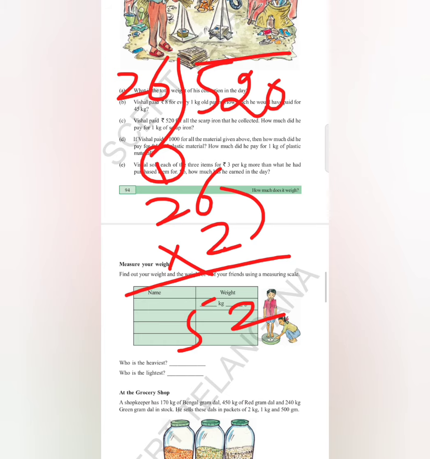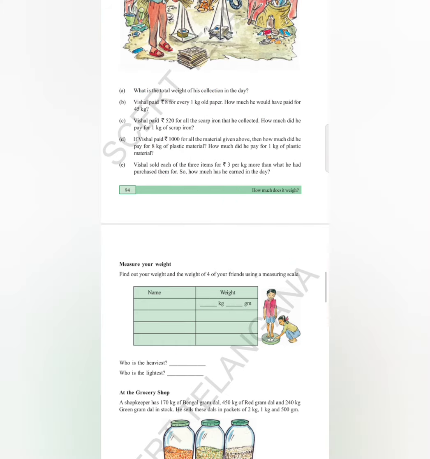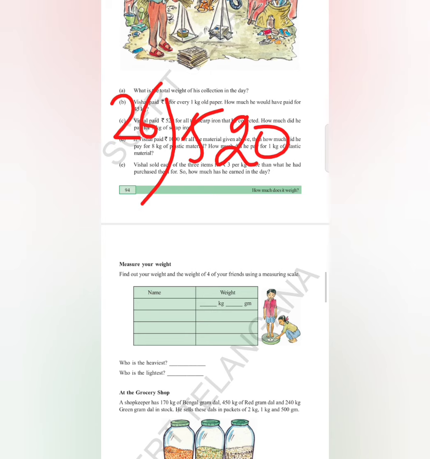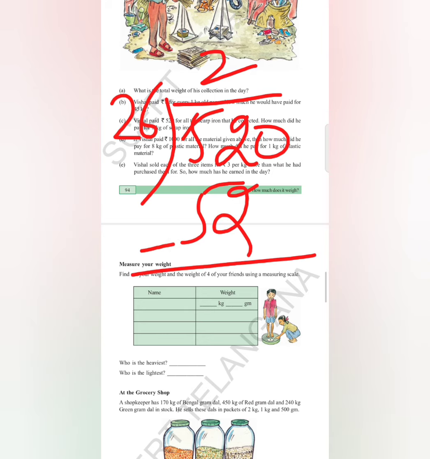So we are getting 52 at 2, 26 twos are 52. So 26 divided by 520 means 26 twos are 520. Now 2 minus 2 is 0, 5 minus 5 is 0. Then the following number is 0.